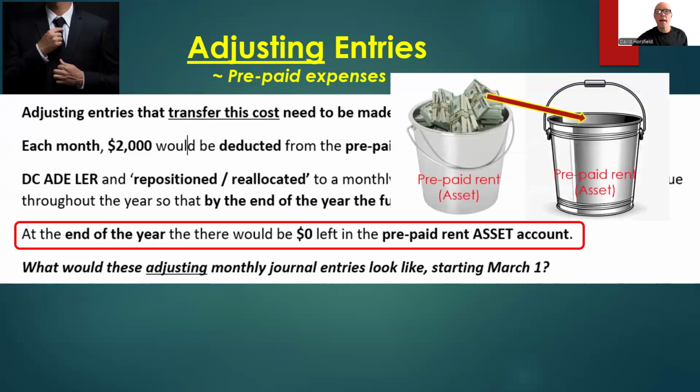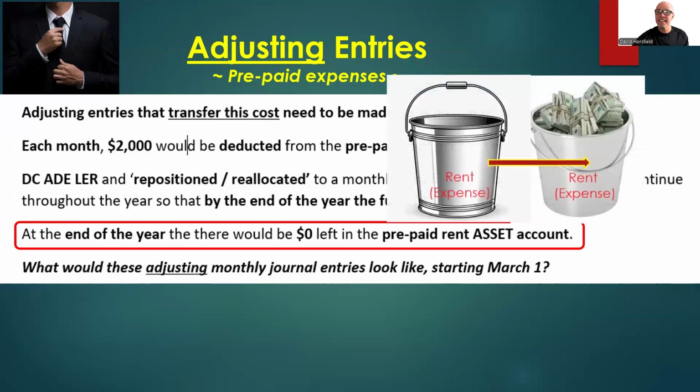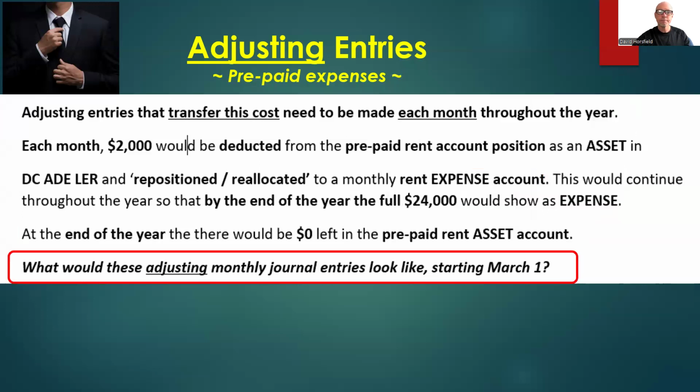Here's our prepaid rent asset at the start of the year. And by the end of the year, that money is gone. That bucket is empty because the prepaid rent asset bucket would go from full to empty. What's going to happen is the expense bucket is going to fill up over that year's time.